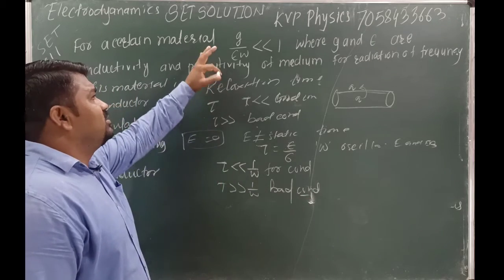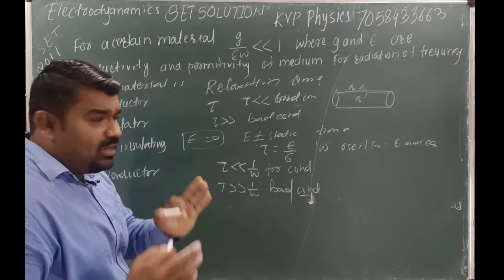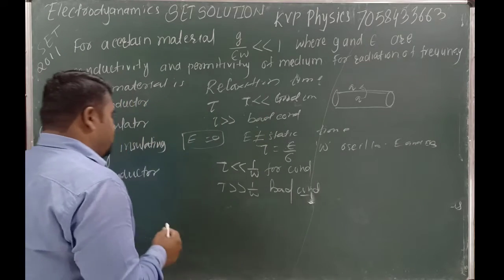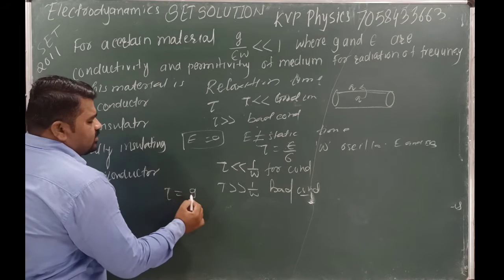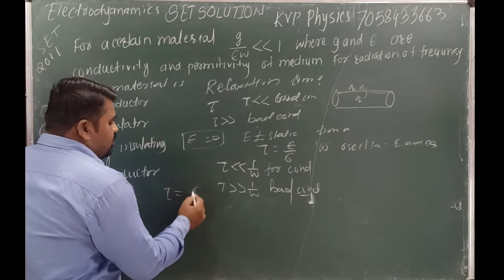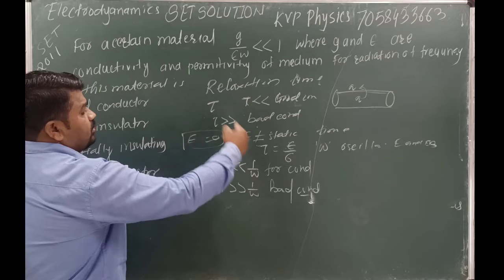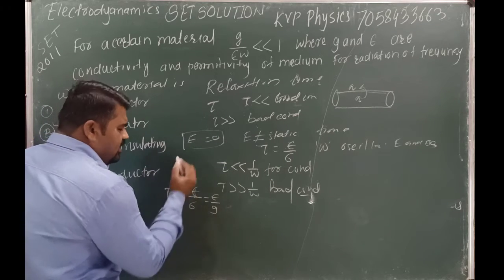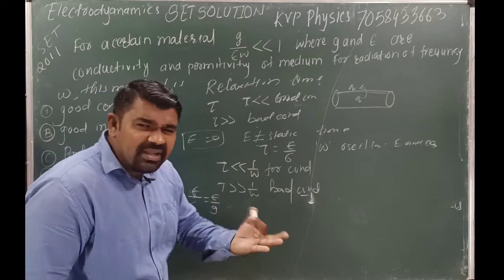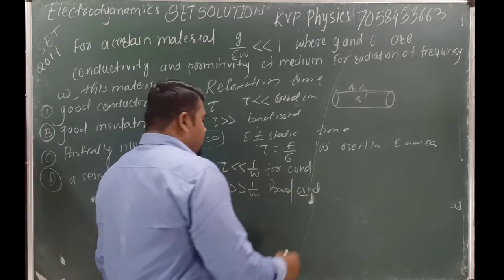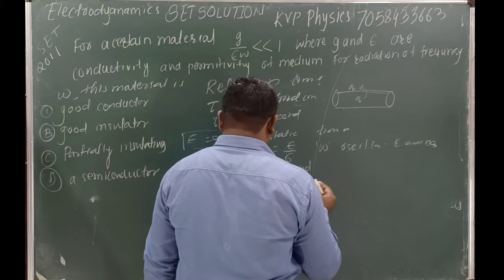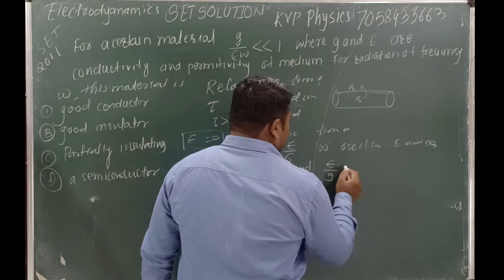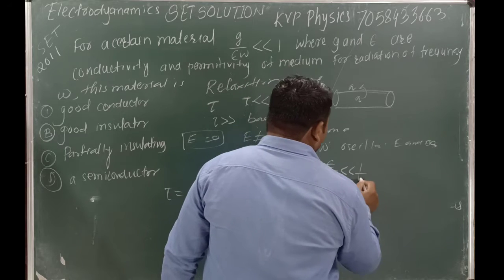But here is a small change. They have given G as conductivity. Then tau, which is epsilon upon sigma, can be written as epsilon upon G. Any problem? No, just the notation is changed. See here, tau is epsilon upon G, which is very less than 1 upon omega.